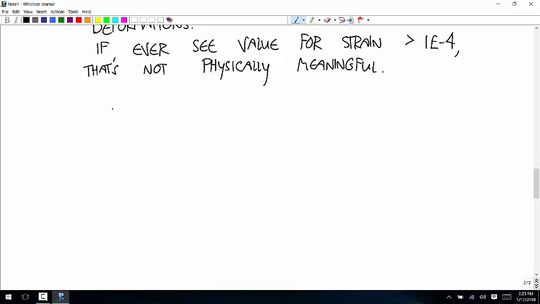Okay, so a deformation of a material point. So think of a material point represented by a stress cube.